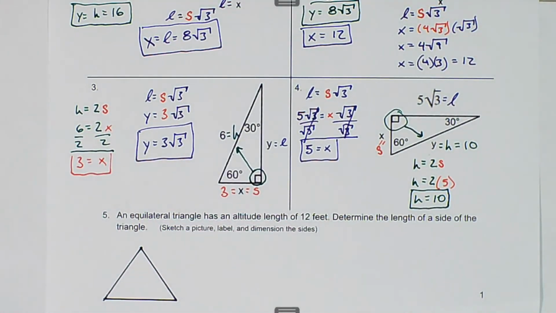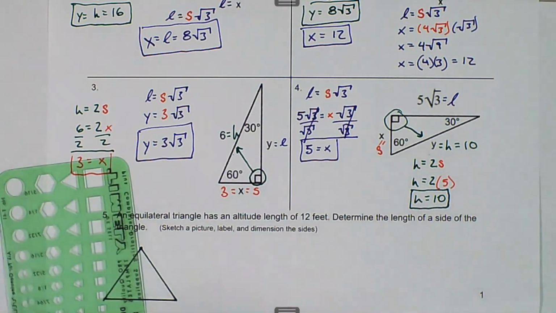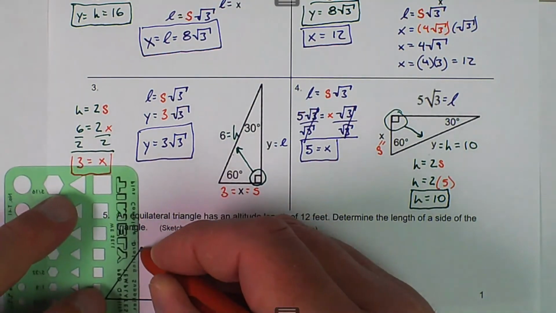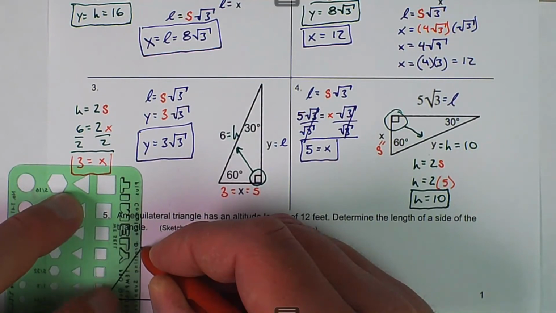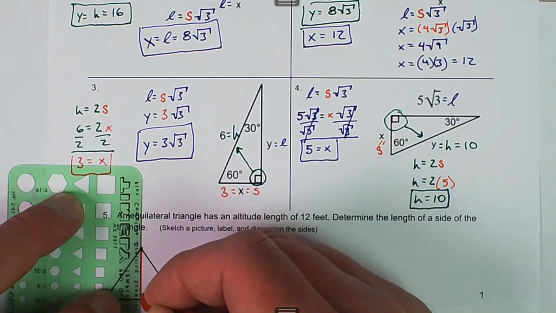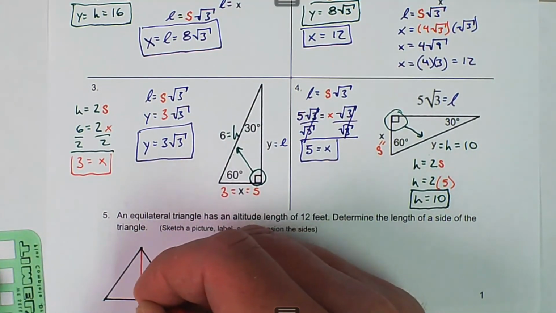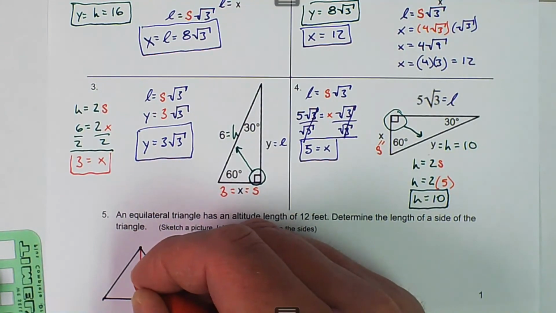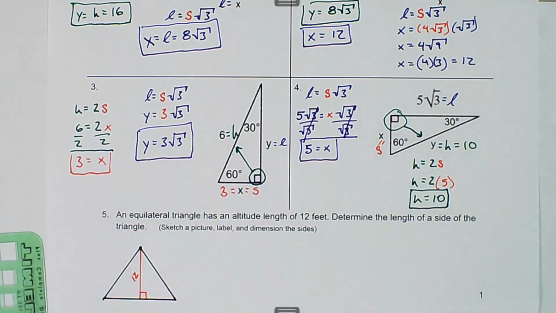Okay. And it tells us that it has an altitude of 12 feet. So I'm going to draw that on there, an altitude of 12 feet. And that's 90 degrees, and that's 12 feet.